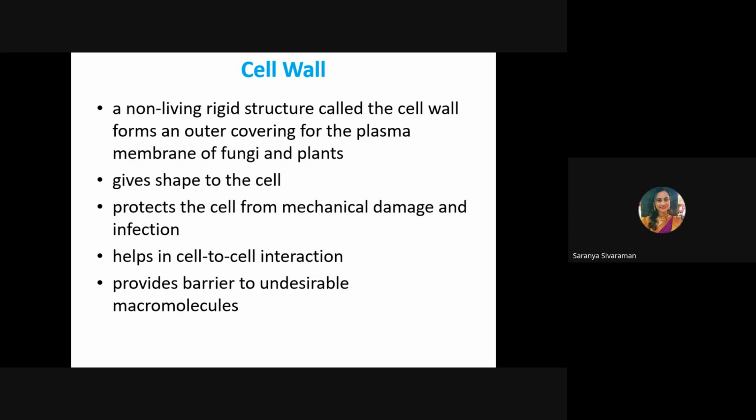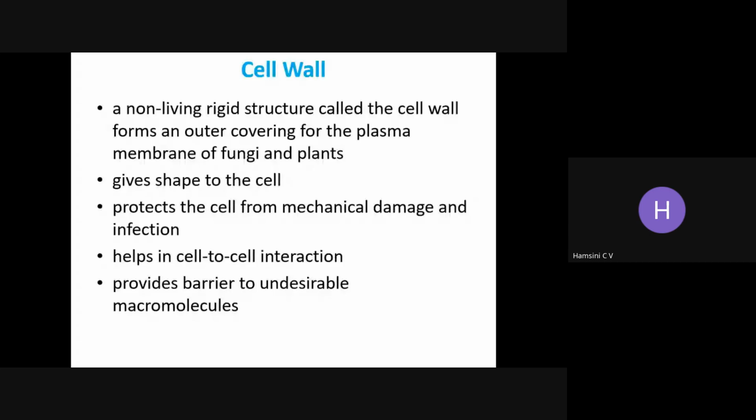Fungi's cell wall is made up of chitin, and plants are made up of cellulose. Very good. Fungi cell wall is made up of chitin, you can pronounce it either way.